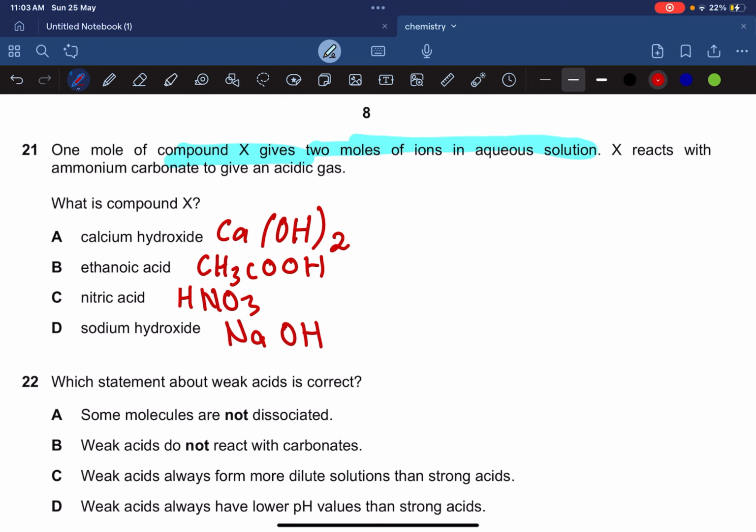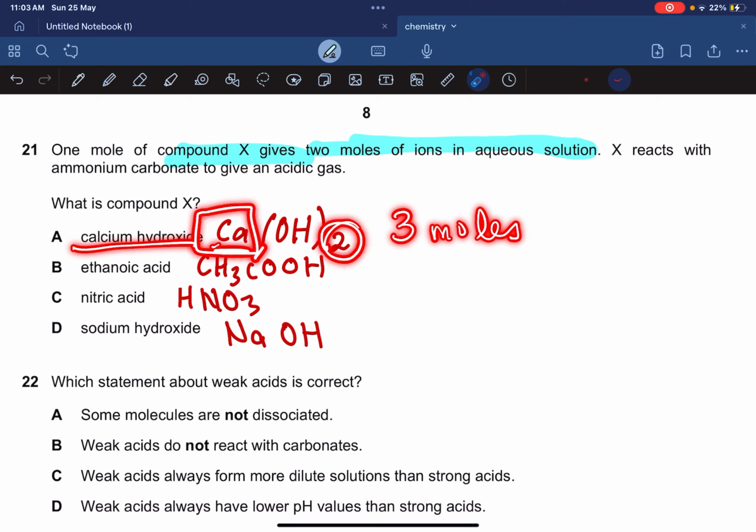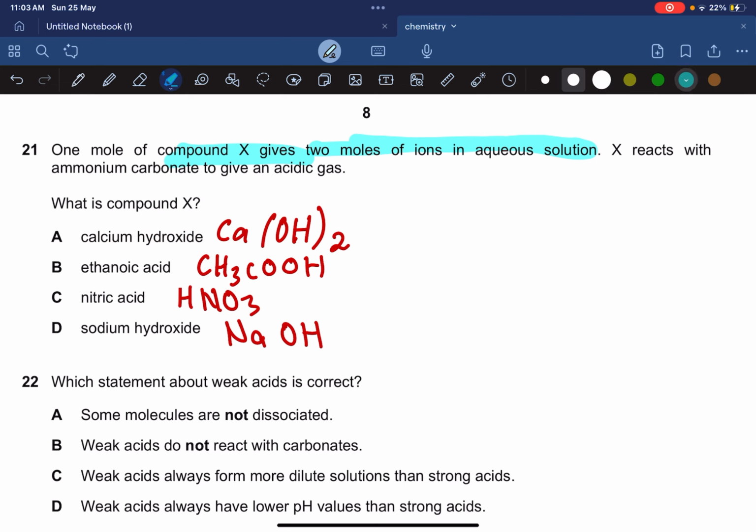First, when an aqueous solution forms, calcium hydroxide is going to give 3 moles of ions. Why? 1 mole of calcium ions and 2 moles of hydroxide ions. That makes option A incorrect.